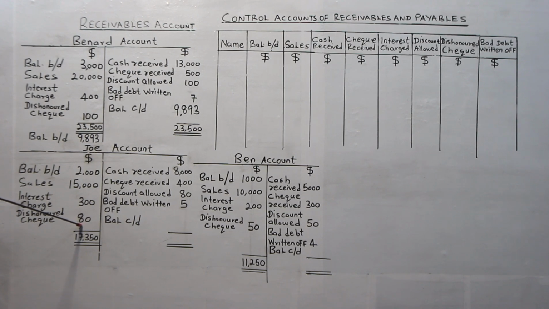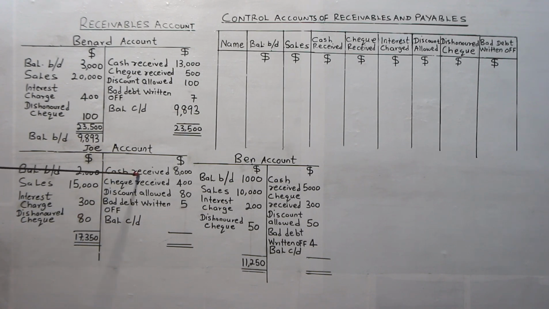Applying this principle, we debited credit sales of 15,000 made to Joe. Also interest charge of 300 on Joe's account. And also dishonored check of $80 on Joe's account.